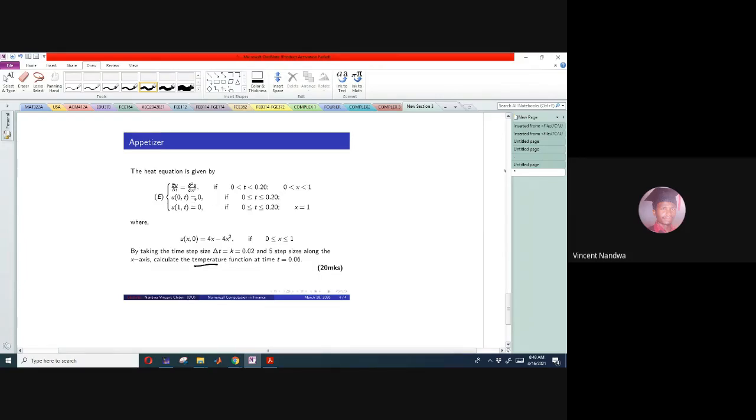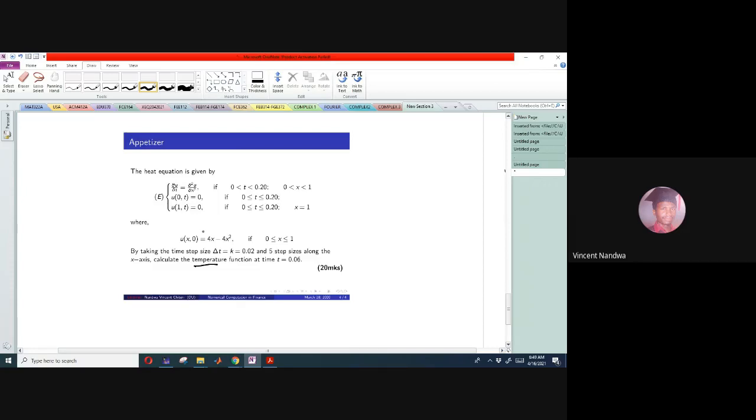The boundary conditions are u(0,t) is 0, u(1,t) is 0, and the initial condition is given by the function u(x,0) equals 4x minus 4x squared, where x lies between 0 and 1.